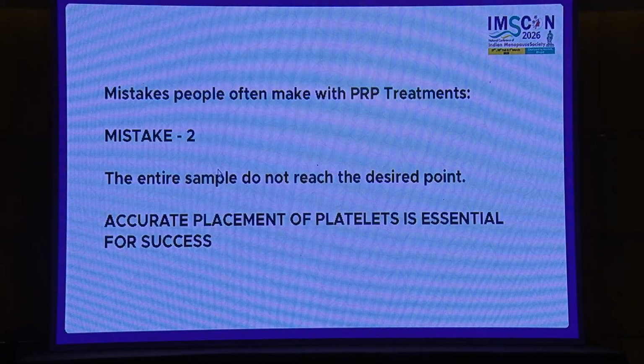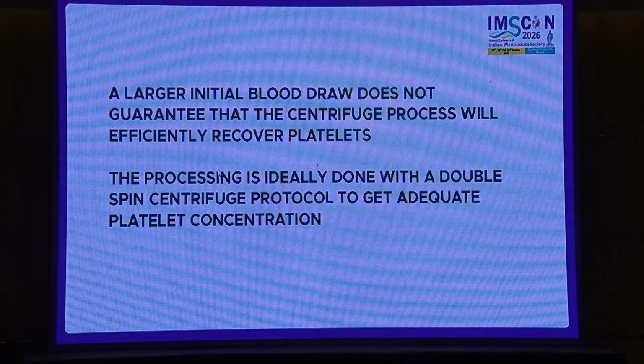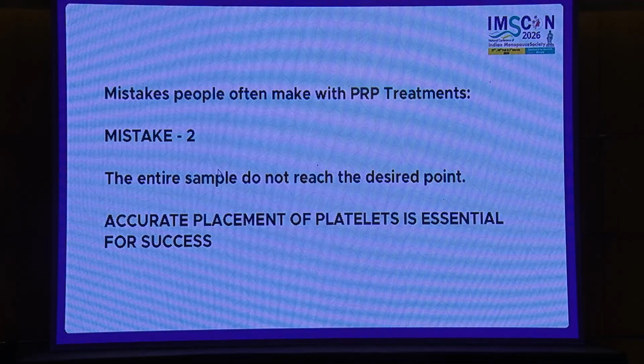There are a few mistakes which people make. First, the platelet concentration is not good; it should be 3 to 5 ml. The second mistake is that they apply the PRP at different places, so each place does not contain the proper amount of platelets needed.